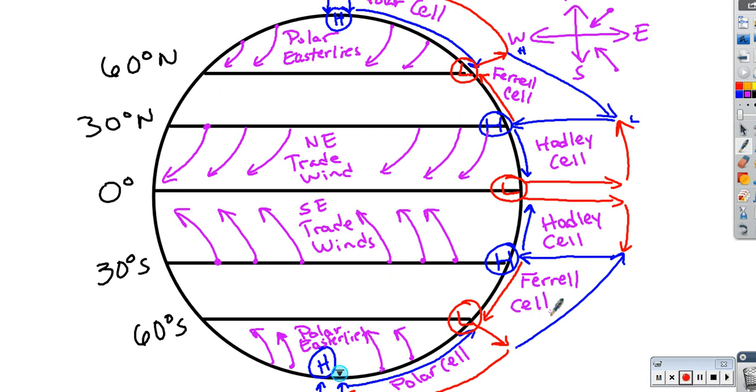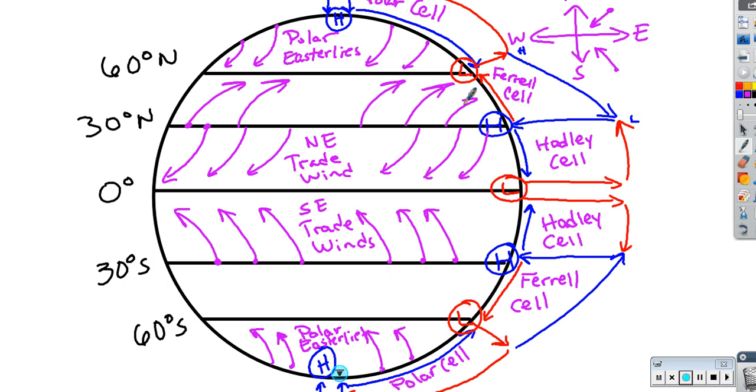And the winds that they produce are winds that move from west to east, so they're westerly winds, and they're important to us because they happen in our latitudes. We are located around 40 degrees north, so this is the latitude that we would want to know more about, because these winds affect our weather daily.